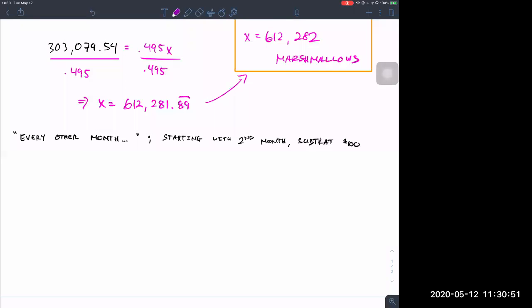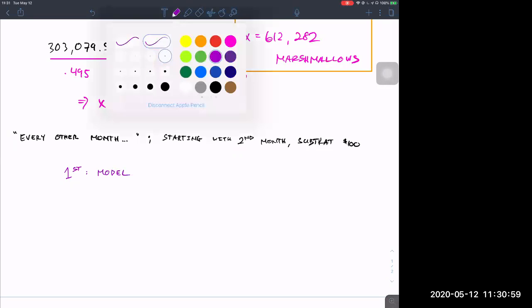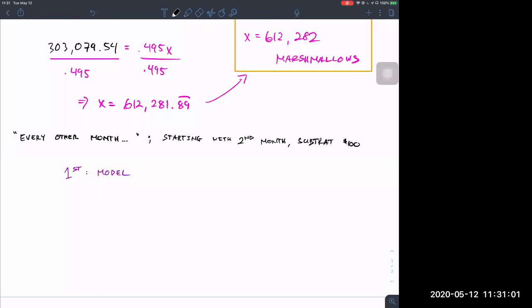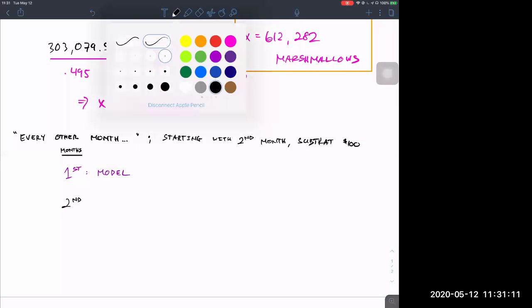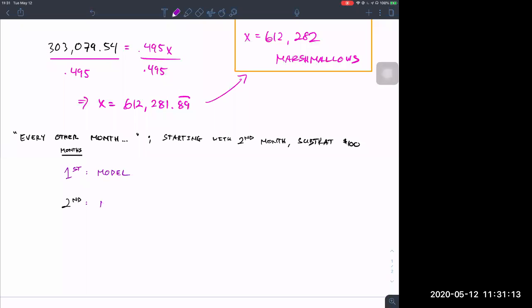If you're in first month, you have the model and then nothing. And then all of a sudden you have the second month model. These are months, by the way. Then you take the previous model and then you now subtract 100.